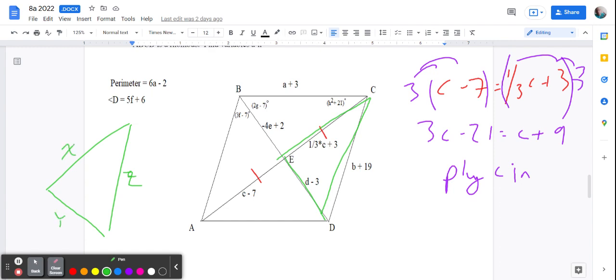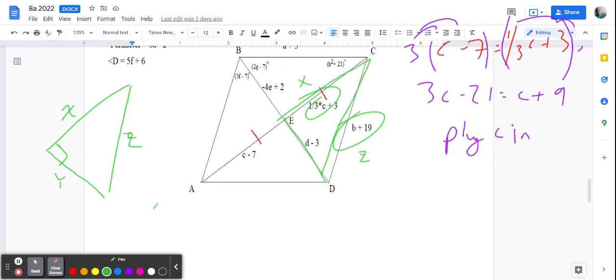We should have a number for z, and we should have a number for x. It's a squared plus b squared equals c squared. I'm just using x, y, and z because I don't want us to get confused with the a's and b's in this thing. So by the Pythagorean theorem, z squared minus x squared equals y squared.